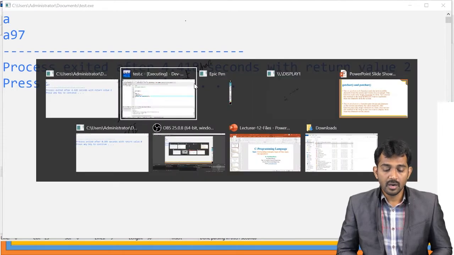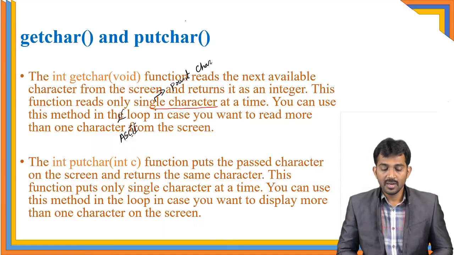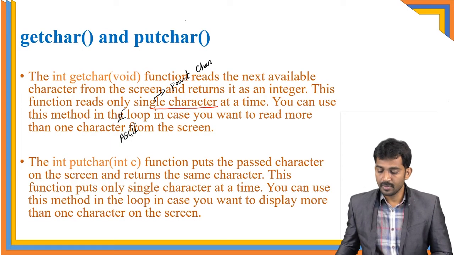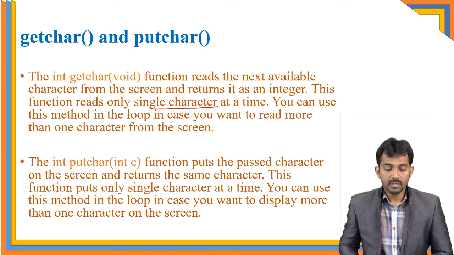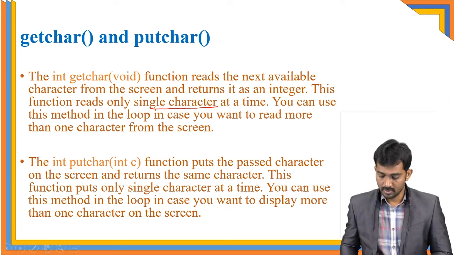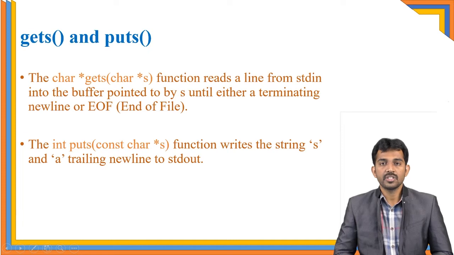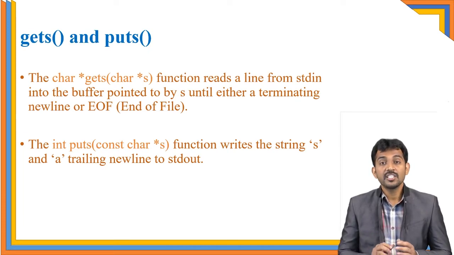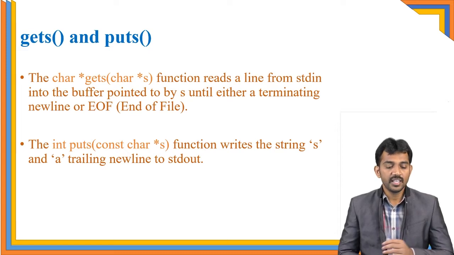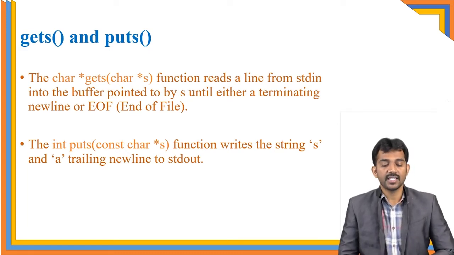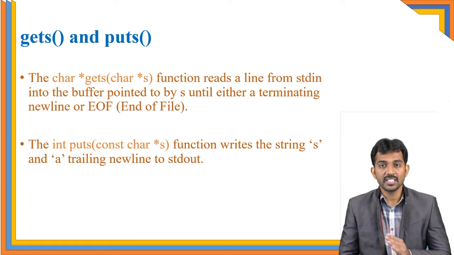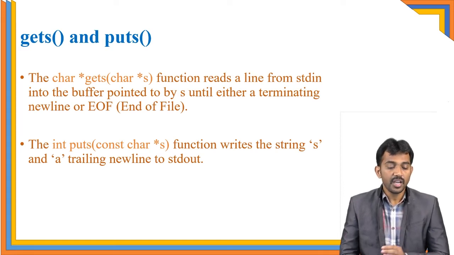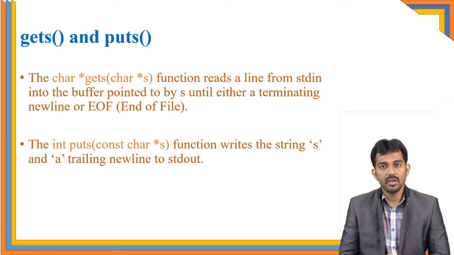And next functions: gets and puts. getchar means it is a single character. gets means string. gets is a function that reads a line from stdin into the buffer pointed to, until either a terminating new line or the end of the line.